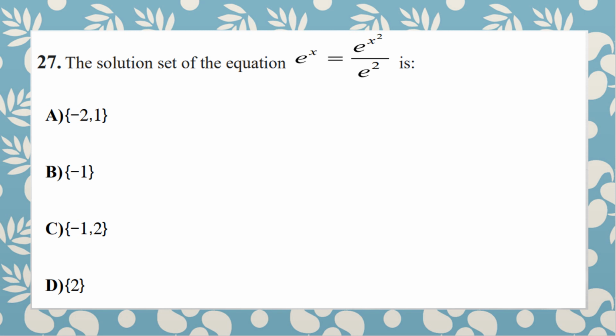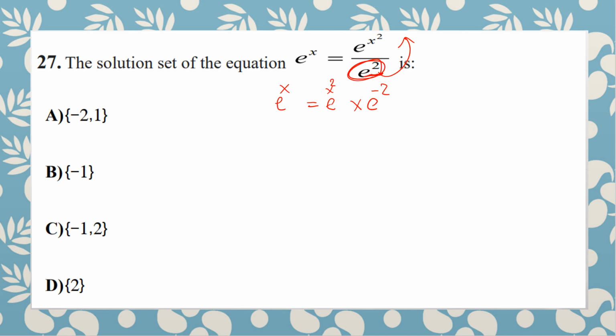Another question, the solution set of the equation e to the power x equals e to the power x squared over e squared. Again, we can use the properties of exponential equations. e to the power x equals e to the power x squared times e to the power negative 2, because we can raise the denominator into the numerator with a negative sign on the power.